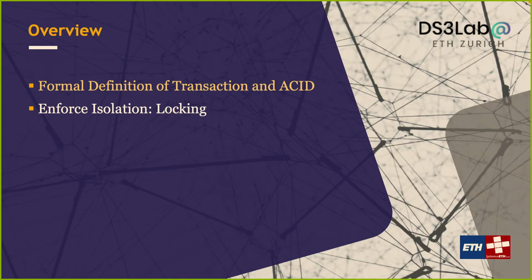You have one schedule, which is one specific way you can mix all those instructions, and we want it to be the same as some serial schedule. That's not precise at all. What do you mean by same? There are so many different ways you can define equivalence between two schedules. So we are going to make this more precise.